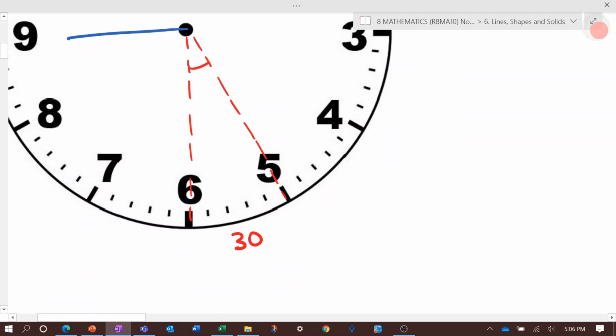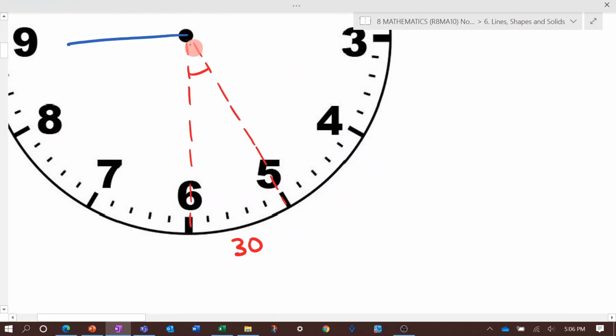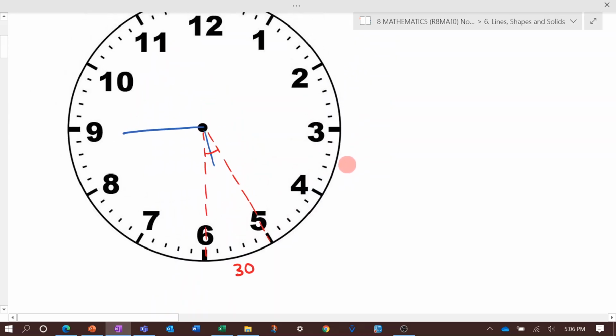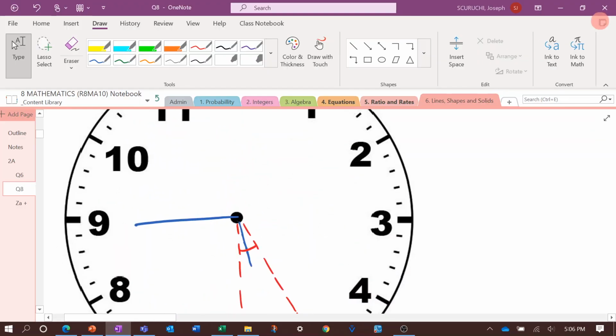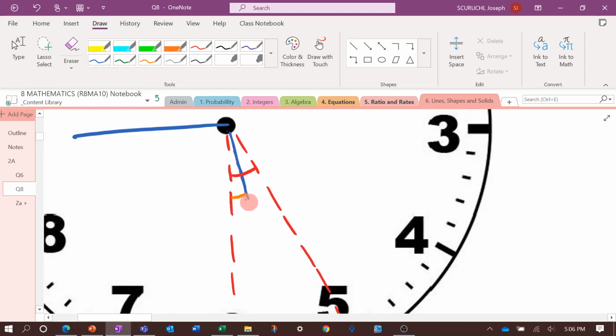We figured that out in part A. Now I have this small hand, and the small hand is about there. What I need to figure out is, what is this angle here going to be?